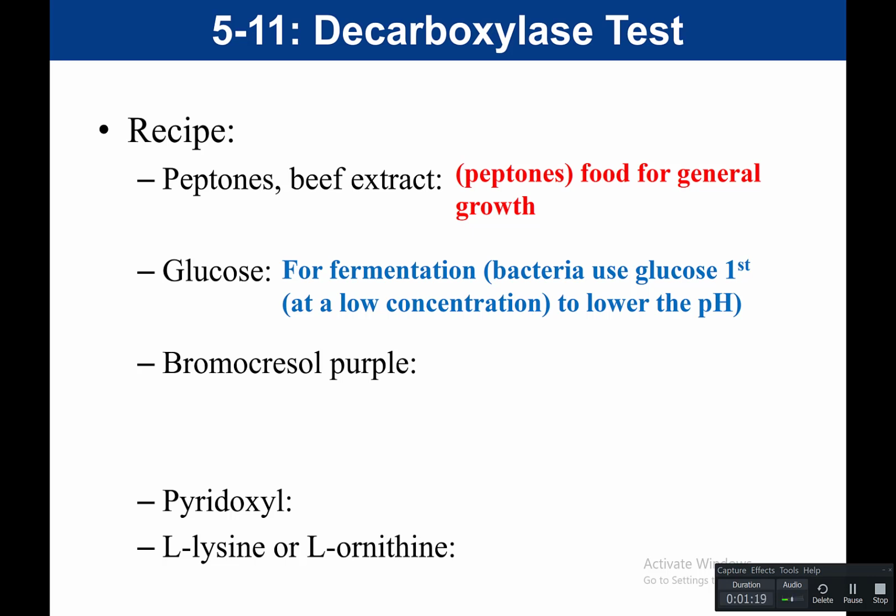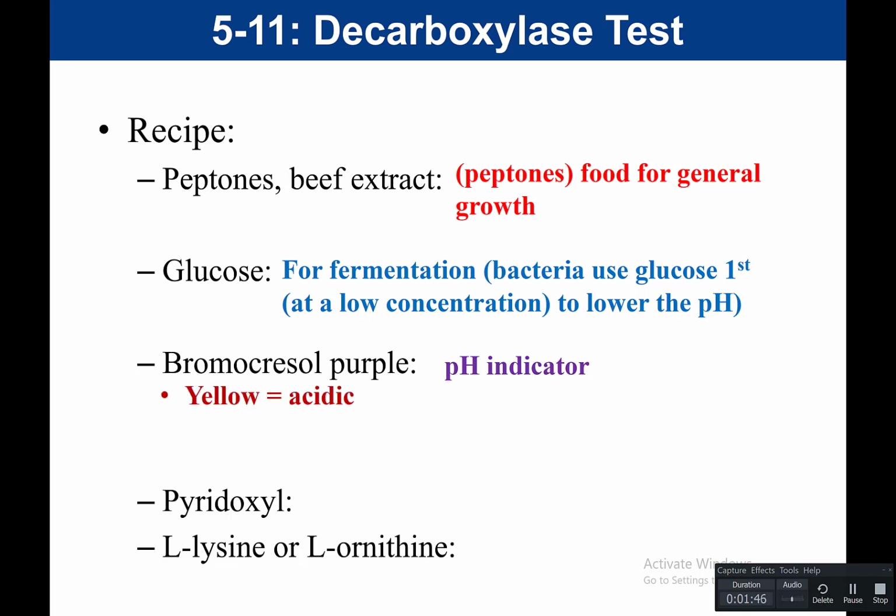Next, we have our bromocresol purple. Now notice the name. What do you think bromocresol purple is? Well, it's a pH indicator. And remember that I talked about that there's a general rule when we talk about our pH indicators, and the only exception to that was methyl red. So what color would you expect bromocresol purple to be when it's acidic?